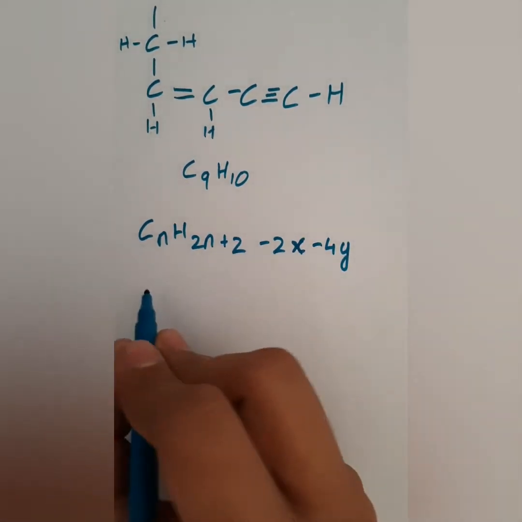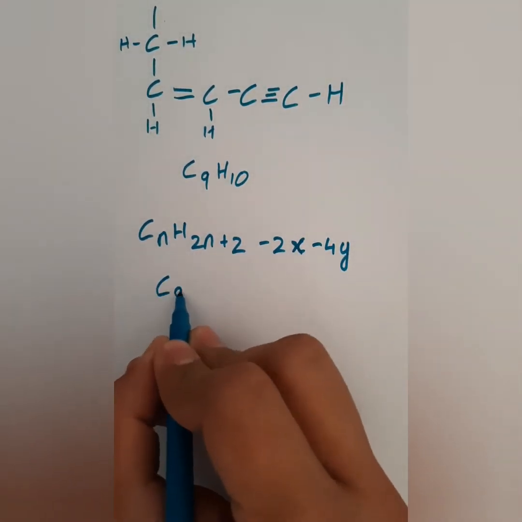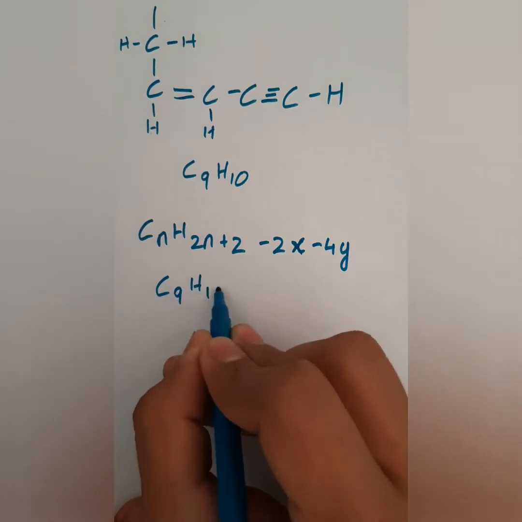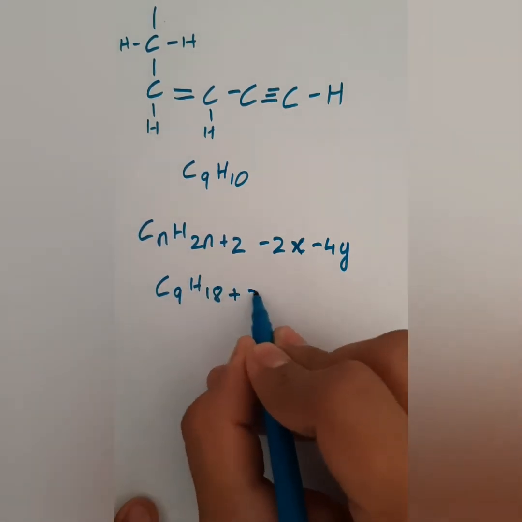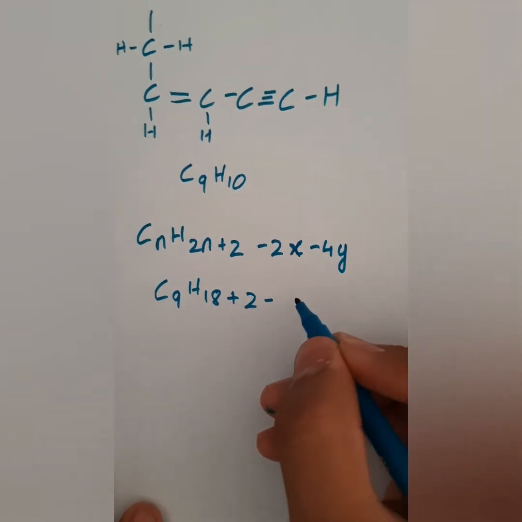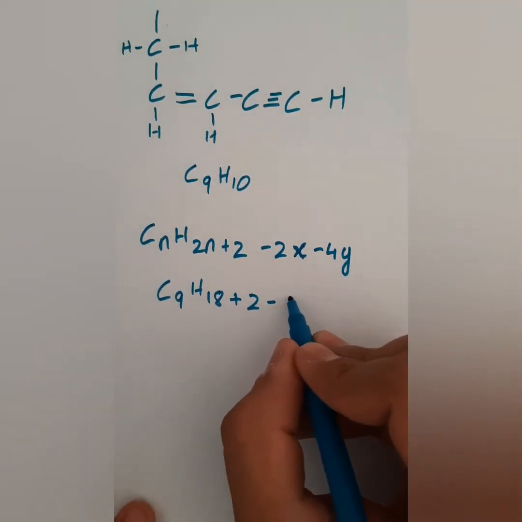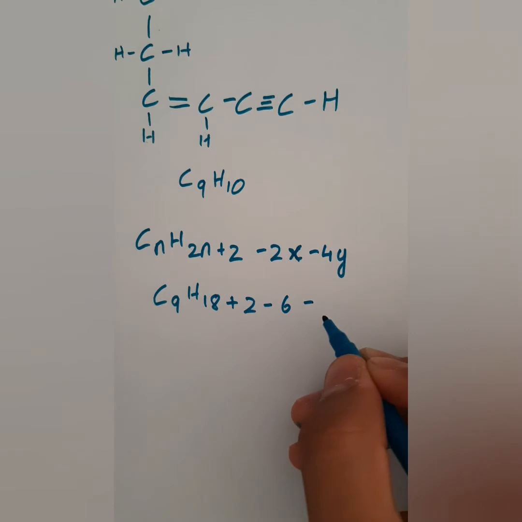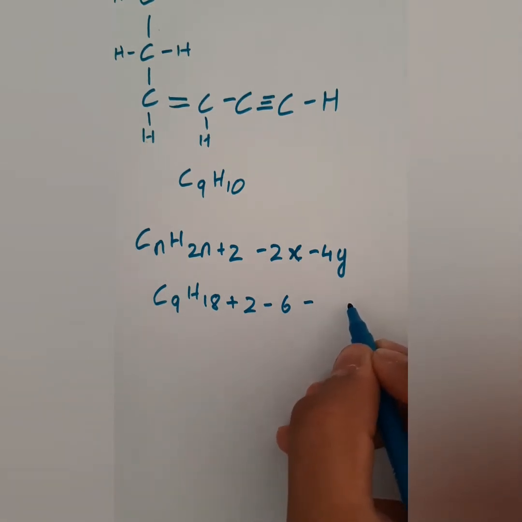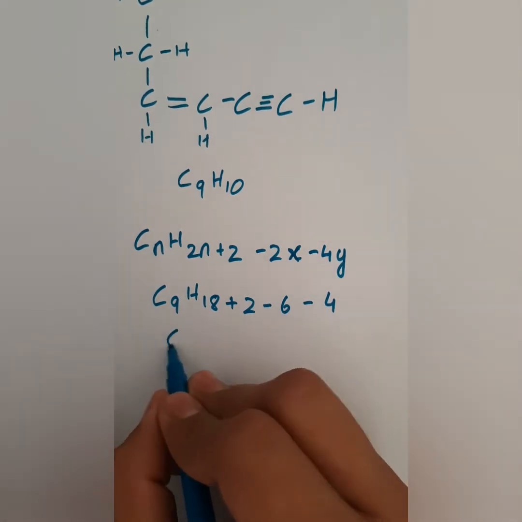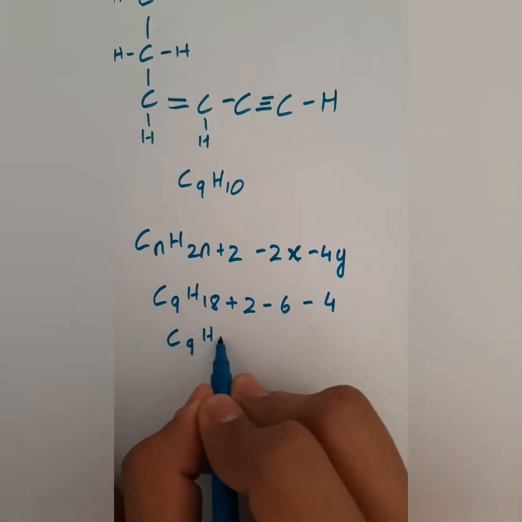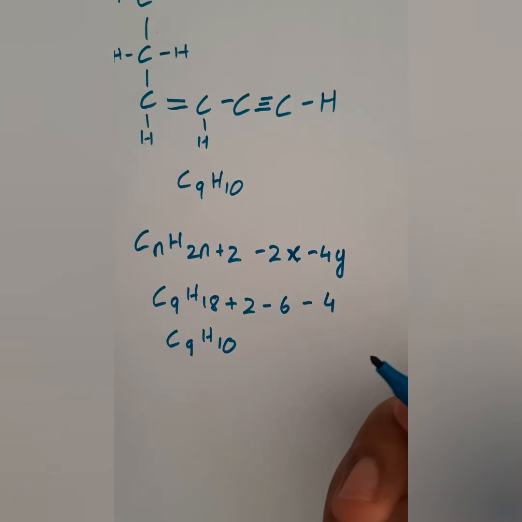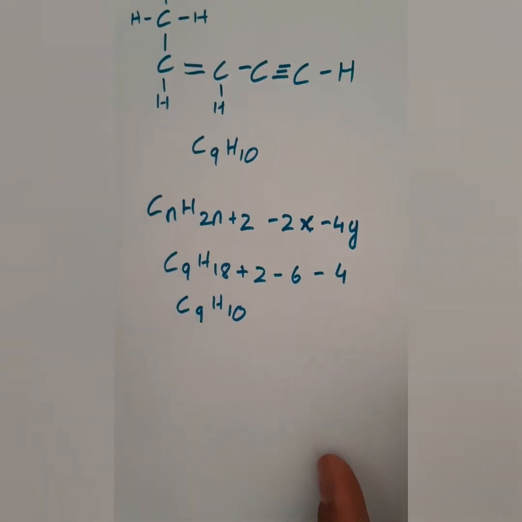So if you substitute the value, we get C9H18 plus 2 minus 2 times we have 3 double bonds, so it becomes 6, minus we have 1 triple bond, so it becomes 4 times 1, that is 4. Now you can clearly see that it's C9H10. I'm not going to calculate and show you.